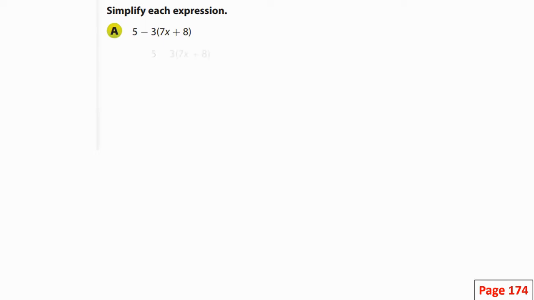So we have writing the problem down, and we would distribute the negative 3. So notice here, negative 3 times 7 is negative 21. And negative 3 times positive 8 is negative 24.